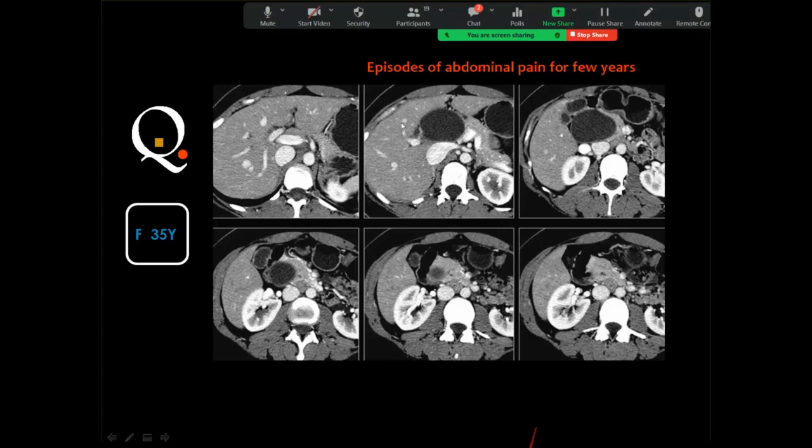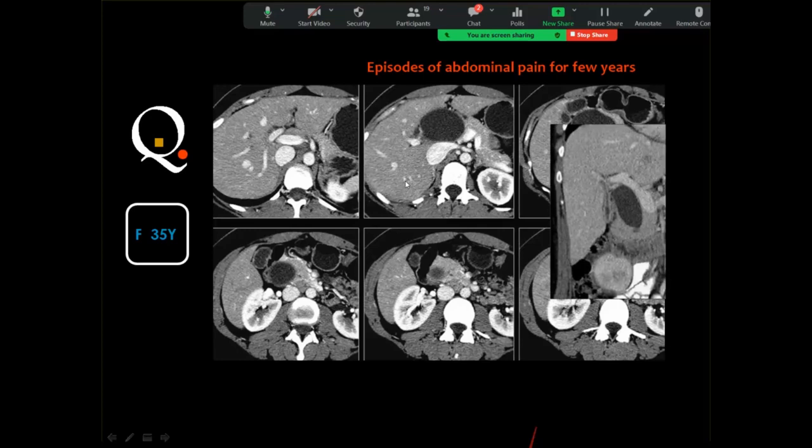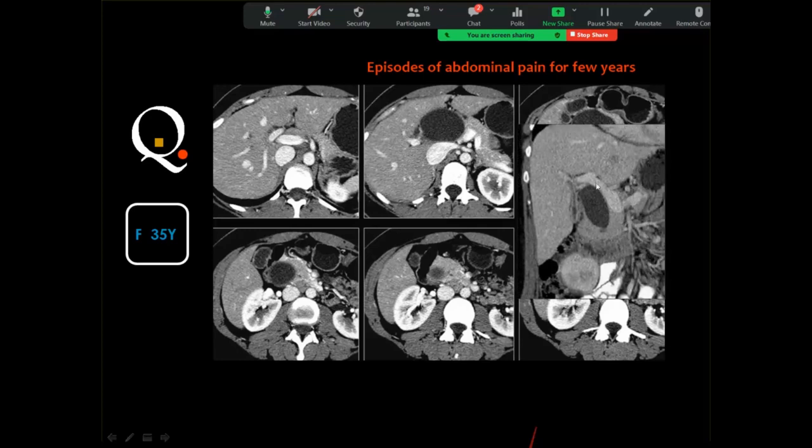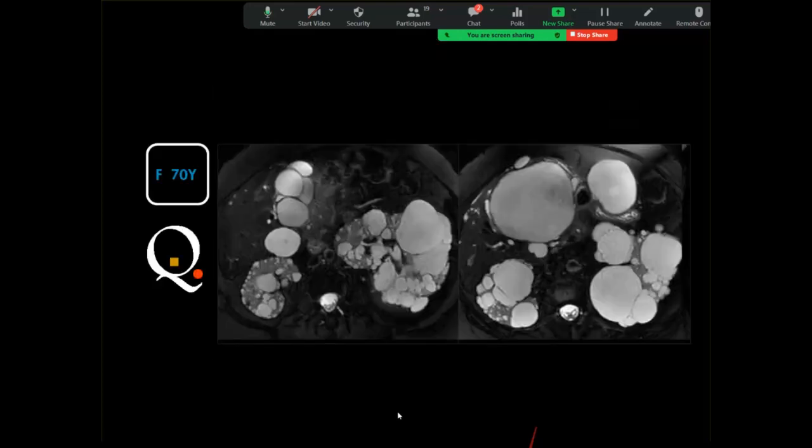And if you go to the intrahepatic biliary radicals, they are not dilated. If you look at the coronal reformatted image, you can see this appearance. This is characteristic of a choledochal cyst. Yes, and this is choledochal cyst type 1, where you get dilatation of the common bile duct. Next case.